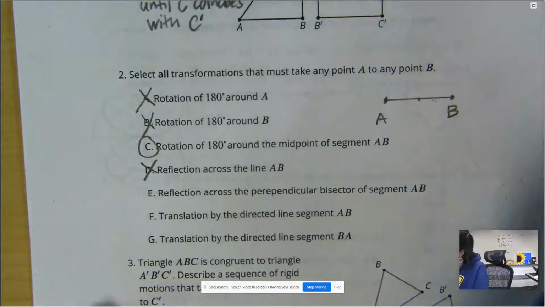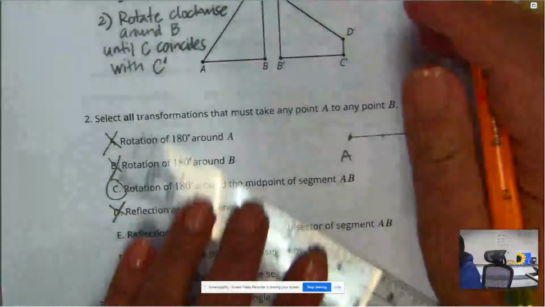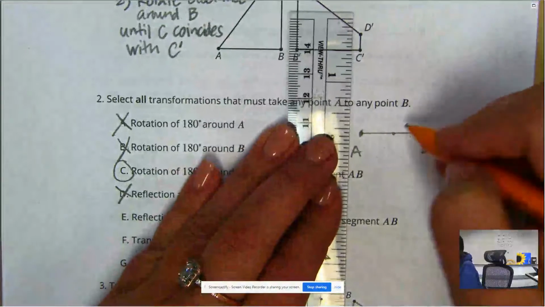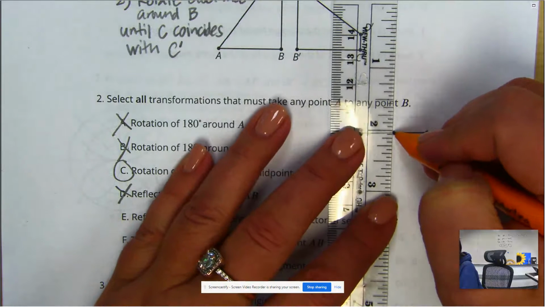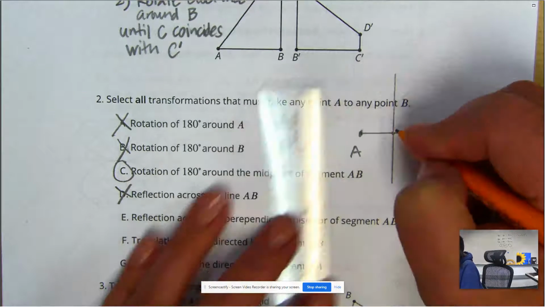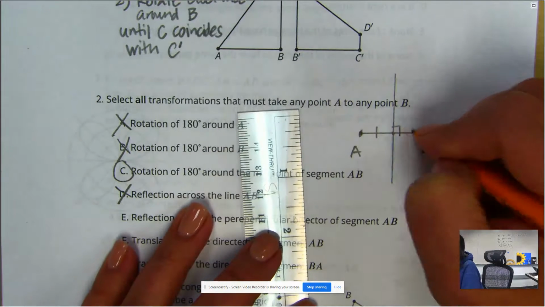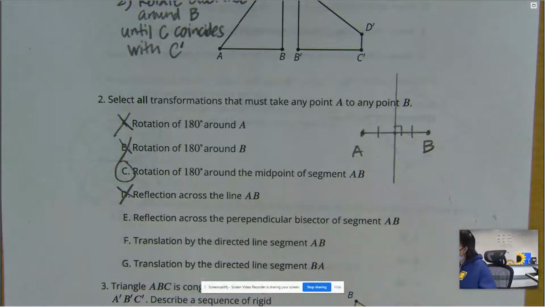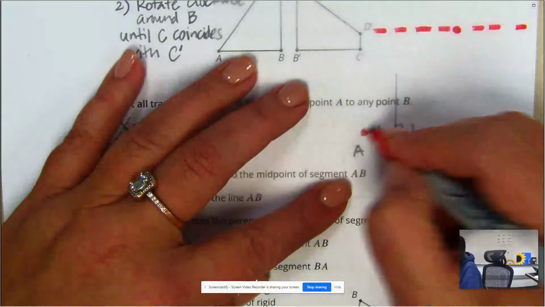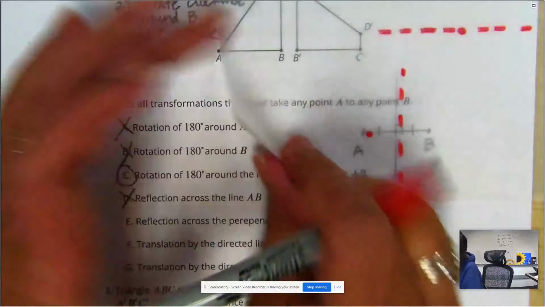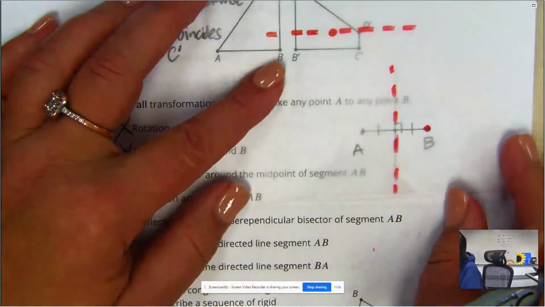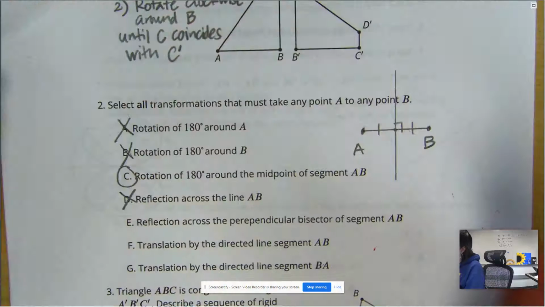Okay, the perpendicular bisector, we could construct it, but we don't need to. We could just make a sketch of it. That's the segment that goes through the midpoint at a 90 degree angle, right? And those two pieces are the same. So if I reflect it across that, let's see. Yep, A to B.